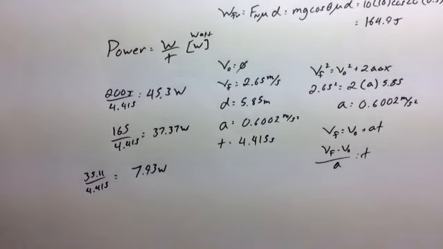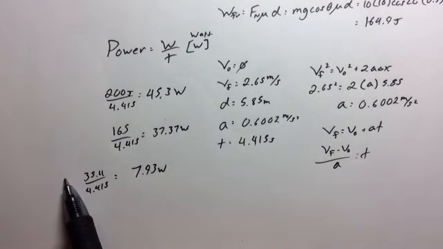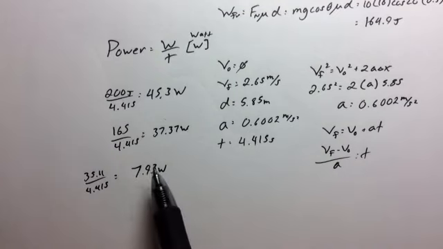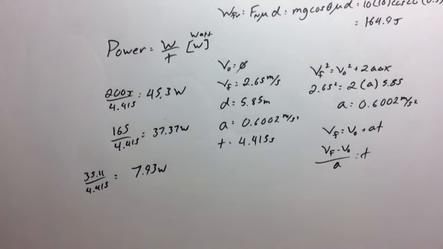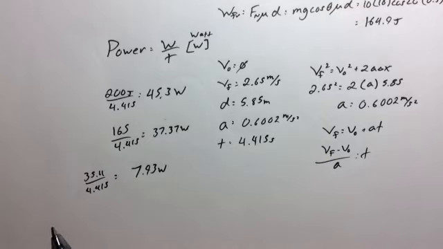So as far as the power goes, gravity tried to give it 45.3 joules per second, friction took away 37.37 joules per second, and in the end, it only got about 7.93 joules every second. So a little bit of power there. So if you ever have work over a certain period of time, you can talk about power, and we just did.